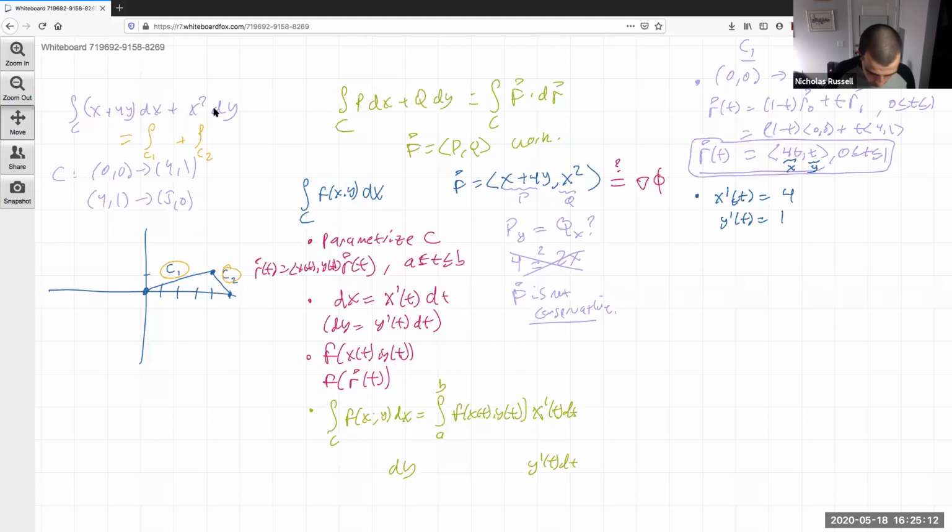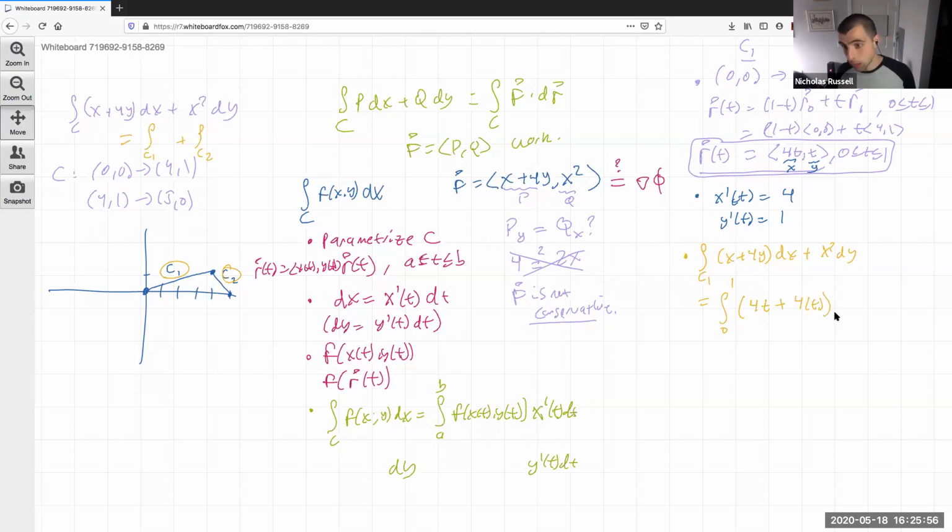And so lastly here, I'm going to combine everything into one integral and evaluate this. So my integral over curve C1 of (x plus 4y) dx plus x squared dy is equal to the following. My integral now goes from 0 to 1. That's my parameterization. I'm going to replace x with 4t and y with t. Everywhere I see x, I plug in 4t, and everywhere I see y, I plug in t. In this one, I'm going to get 4t plus 4 times t, right?